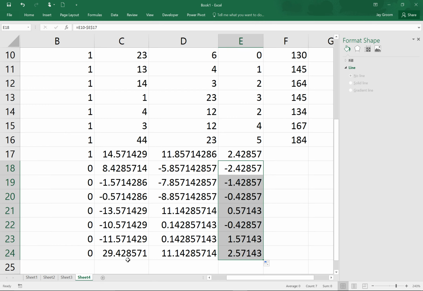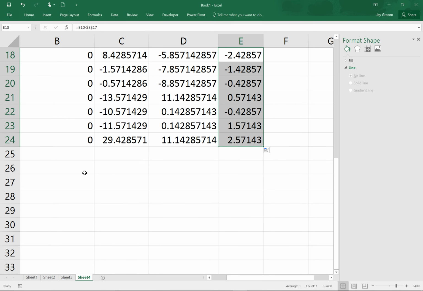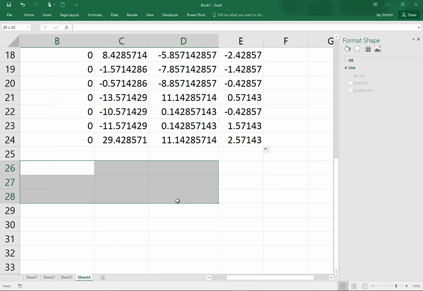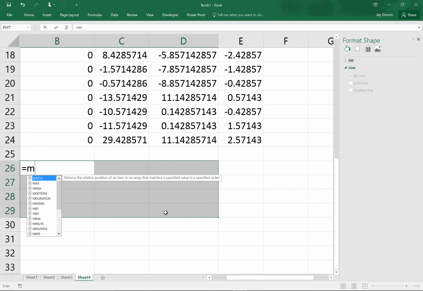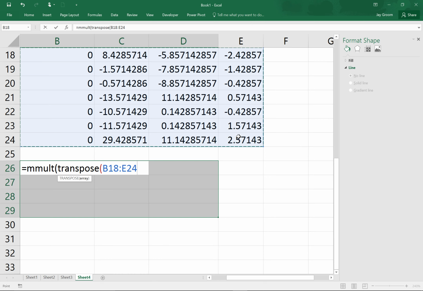Cool. So down here, I know I have a 7 by 4, so I'm going to end up with a 4 by 4 matrix when I'm done. So I'm going to say equals MMULT of the transpose of this matrix with this matrix.